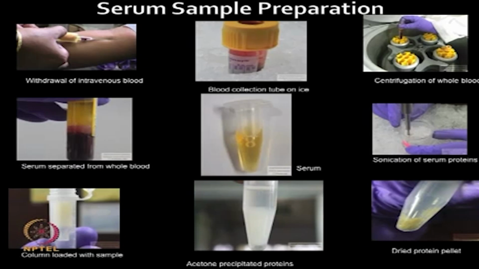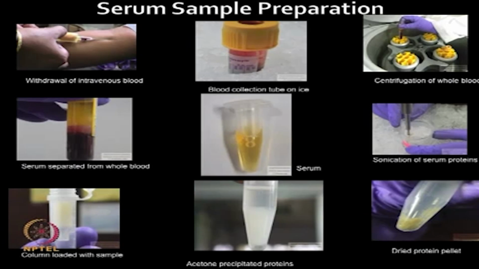Now, for the serum proteome analysis, different types of modifications can be performed, such as sonication, which can be used for disrupting the high abundant proteins and also helps in better resolution.